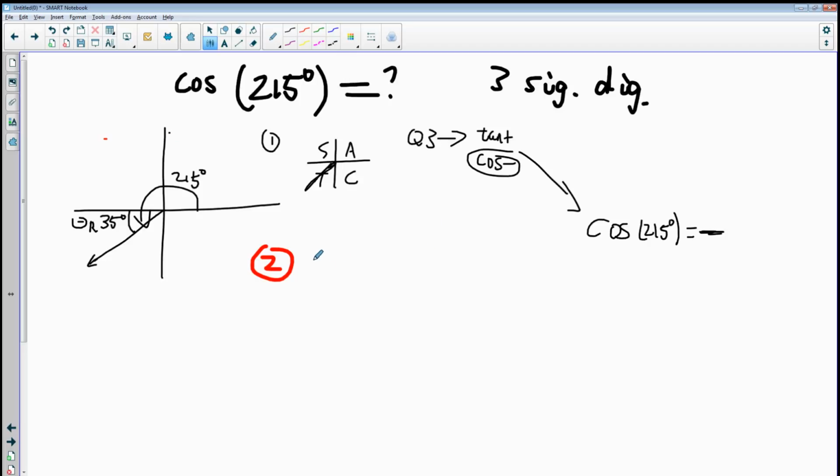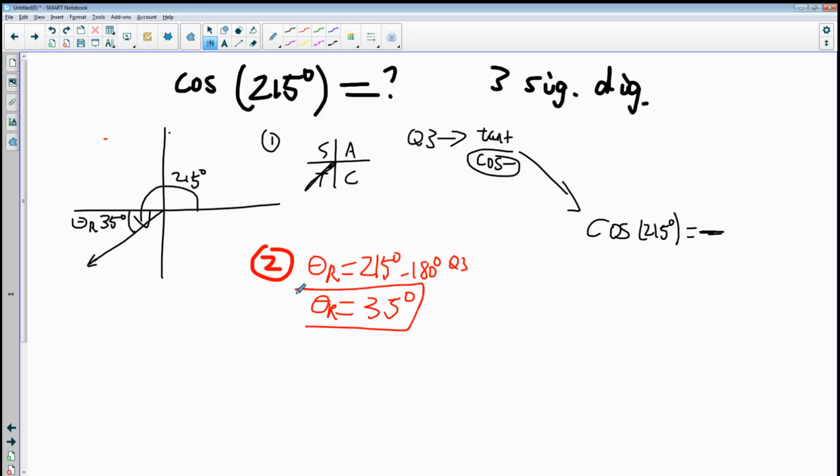Then step 2, we're going to use our reference angle to find the value. The reference angle is, in this case, I'm going to actually calculate it, even though we remember what it is, because it's in Q3 again. So the reference angle is 35 degrees.